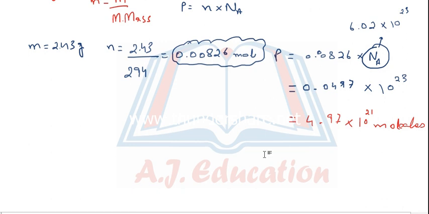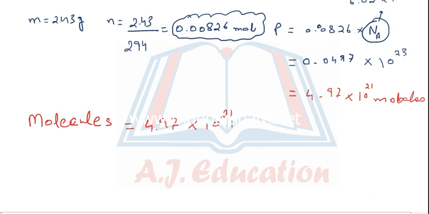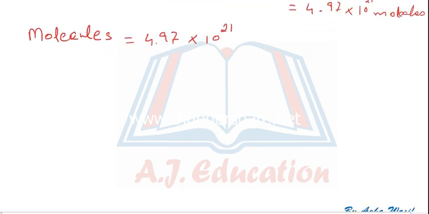See, we have molecules of aspartame equal to 4.97 into 10 raised to power 21. What we are going to do, we are going to determine number of hydrogen atoms from this value. Okay, let's just write down the formula of aspartame.